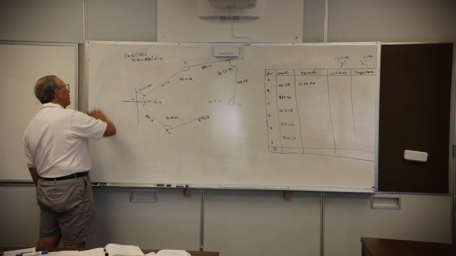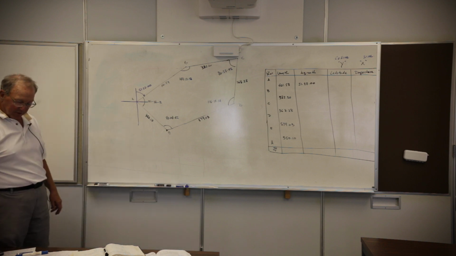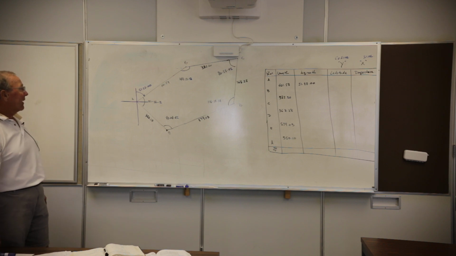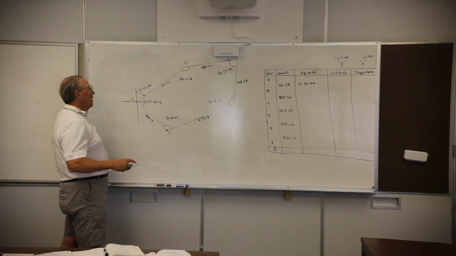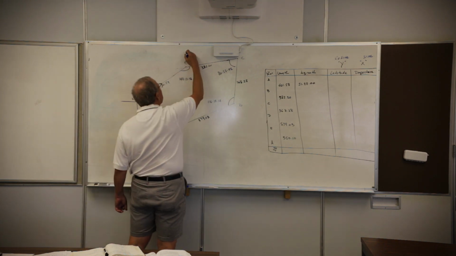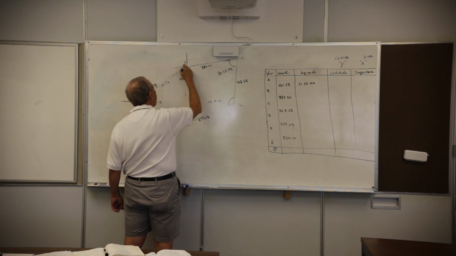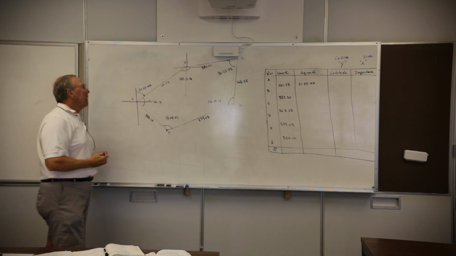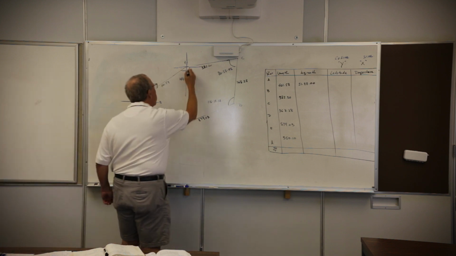Okay, now I can start with a process of moving around this thing in a methodical fashion to get the direction of those 5 sides. Okay, how did we do it? Well, I'm going to draw a line right here too. Okay, there it is. I got it, and hopefully you can see it.